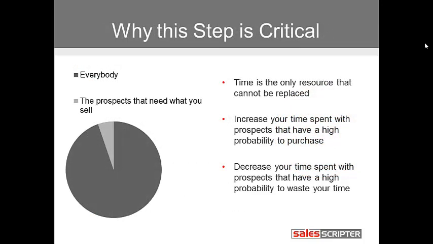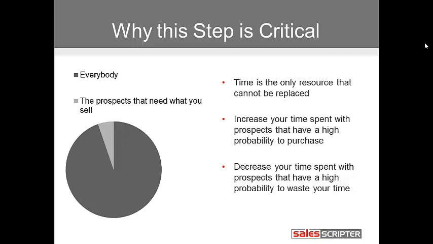So why is this critical? The reason is that there's probably a huge market of individuals that you can try to sell to. If you look at this pie chart here, the big space is what we're trying to focus on. There are a lot of people that you could spend your time calling or trying to talk to or trying to schedule meetings with.